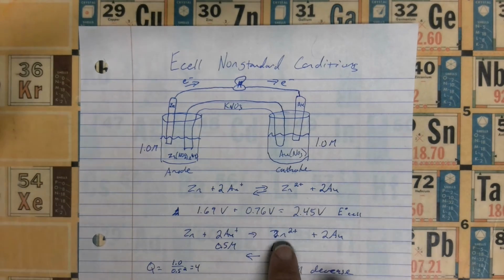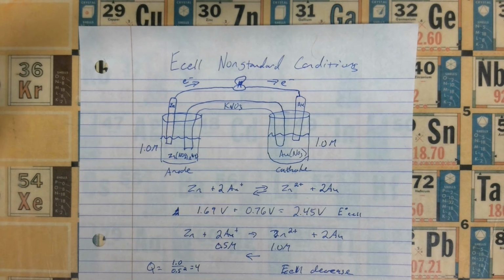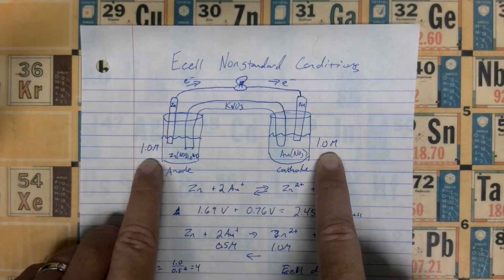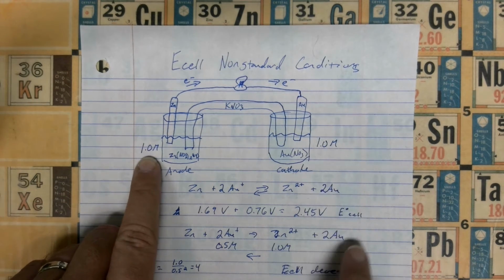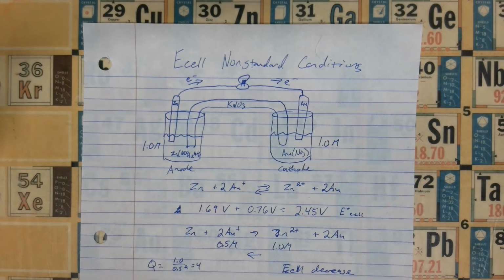Okay, and I found the reduction potentials and oxidation. I flipped the one for zinc, and I got 2.45 for Ecell. Notice this is standard because they're 1 molar solutions. So we call this Ecell E naught. We add the little degree sign. That means it's under standard conditions.